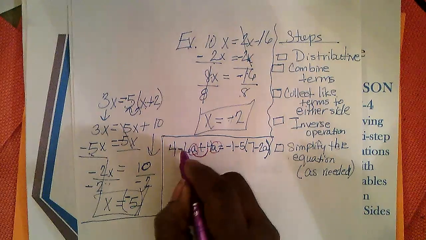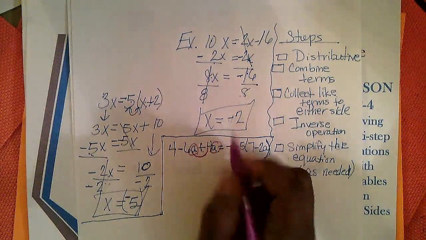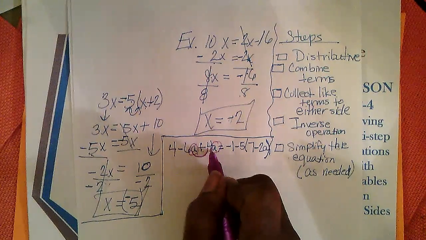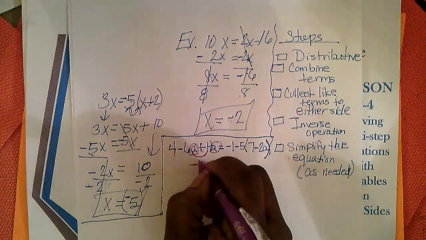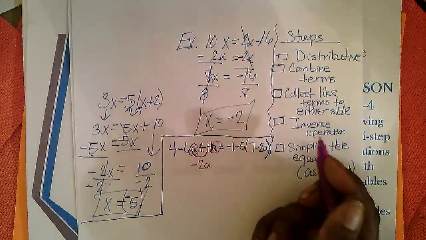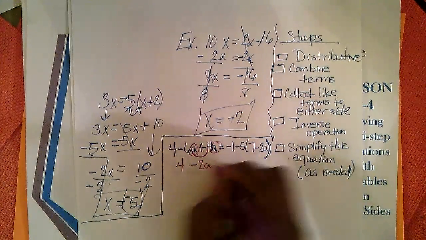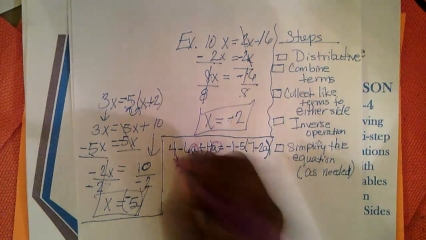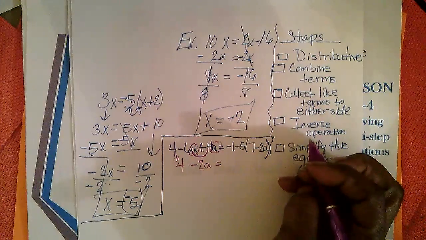When we have a negative and a positive, we subtract when we're working with integers. So negative 6 plus 4 is negative 2A. We're going to bring our 4 down. Bring our equal sign down.